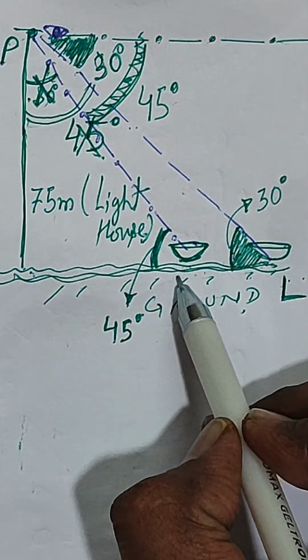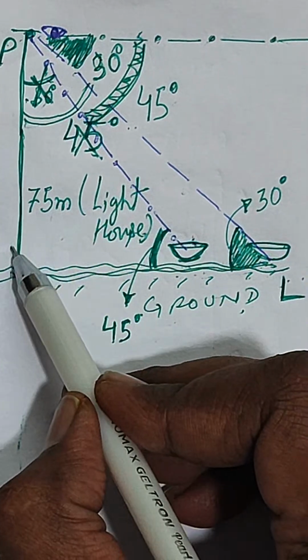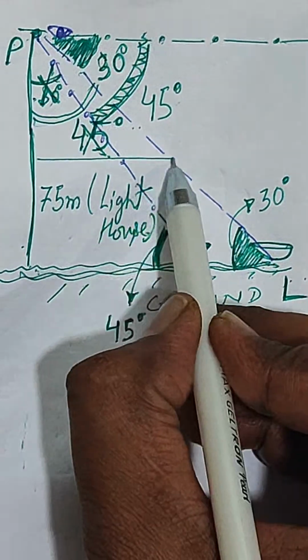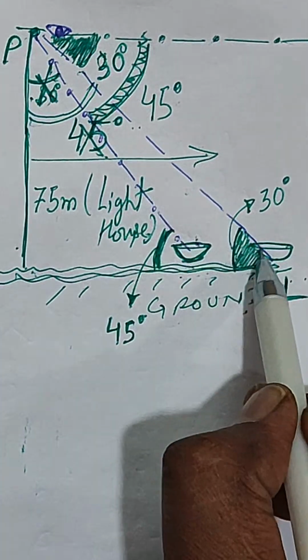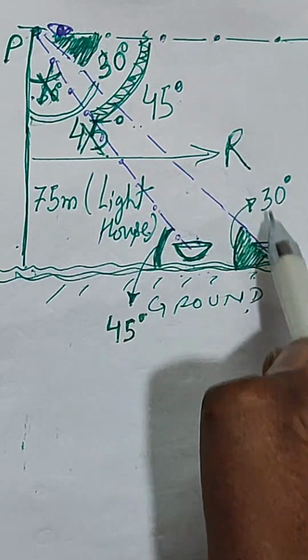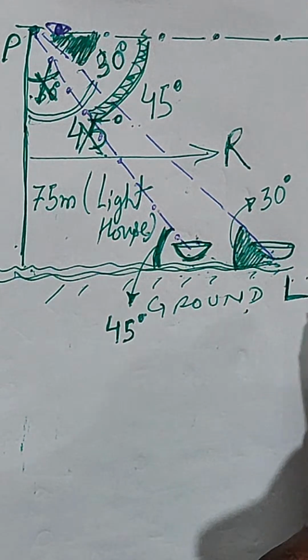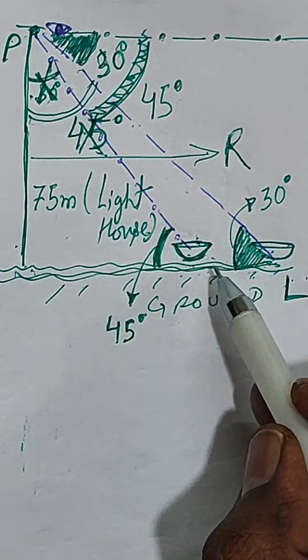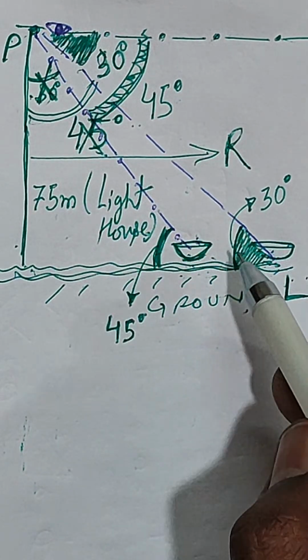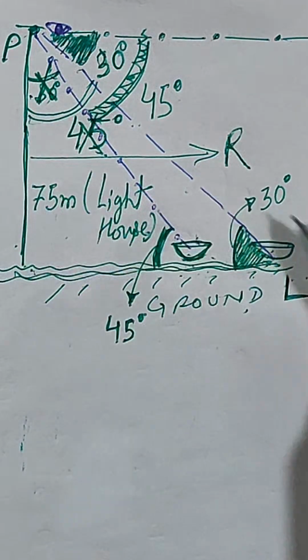Both the ships are on the same side of the lighthouse. You can see from our right hand side, both the ships are present, right? So this also qualifies the question condition. Otherwise one of the ships could have been on the left side of this lighthouse.